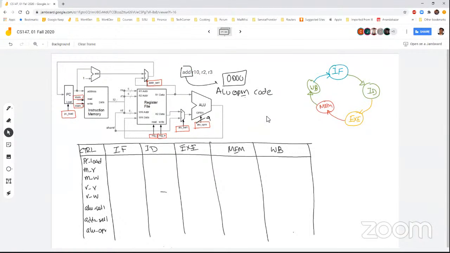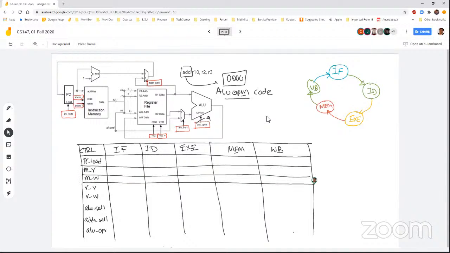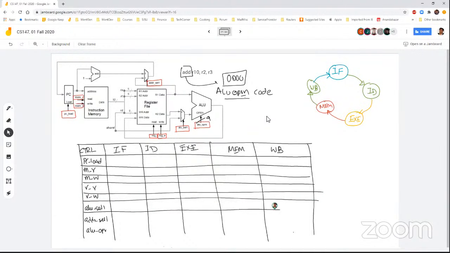Opcode is different from ALU operation code. You need to understand that part. But nonetheless, we need to look at what logic values are set at the different stages to accomplish this instruction.